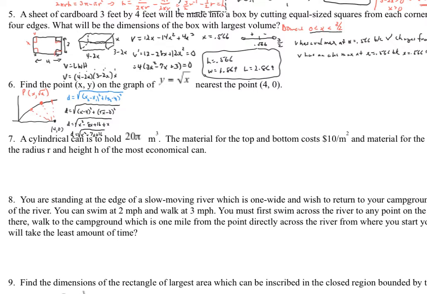I'm going to have to state this: the value of x that minimizes d equals the square root of x squared minus 7x plus 16 is the same x that minimizes, and I'm going to call it d hat, that doesn't have that radical, the x squared minus 7x plus 16.